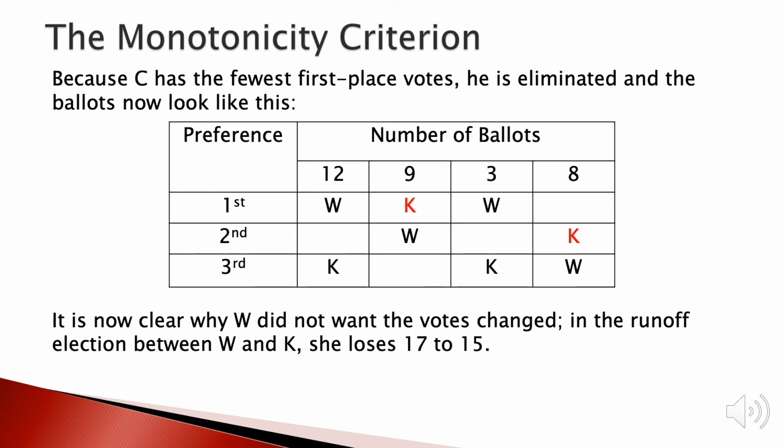Then, in each column, we move the remaining candidates up to fill the blanks. Then we can see the winner is K because it has 17 first preference votes while W has 15 votes. This is why W does not want the 3 voters to change.